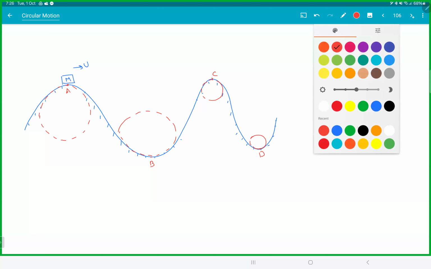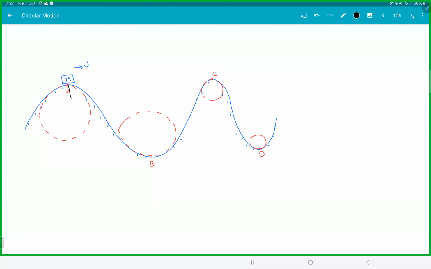Now, when I draw the free body diagram, look at the forces. This is Na, this is Mg. Since it is going in a circle, I'll draw centrifugal force, mu square by Ra. My observer is on the body, so I'm writing centrifugal force. Now, when you're at B, this is Nb, this is Mg.